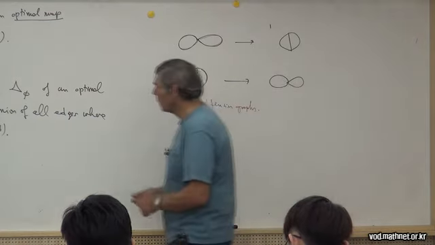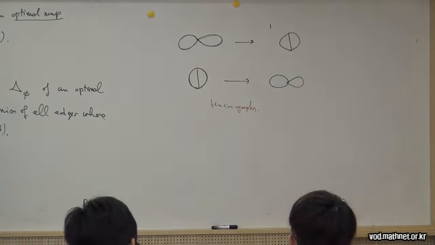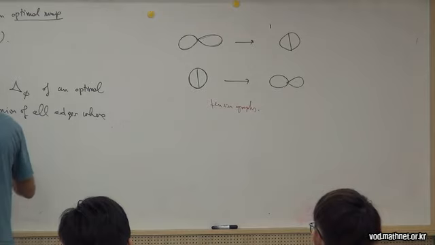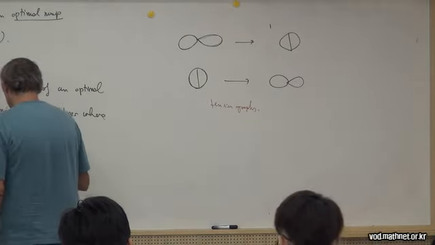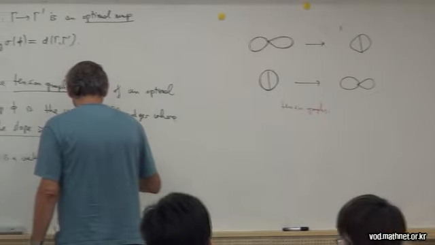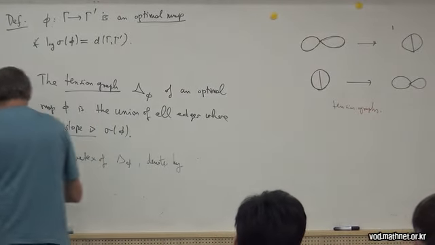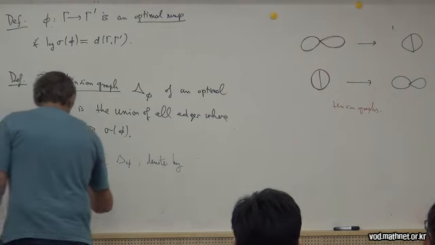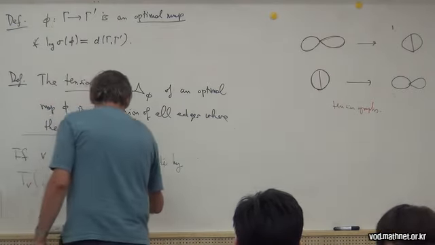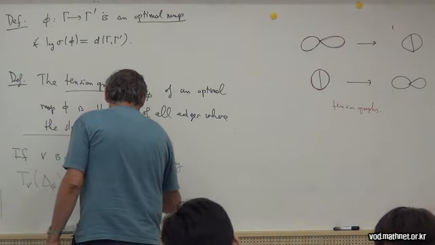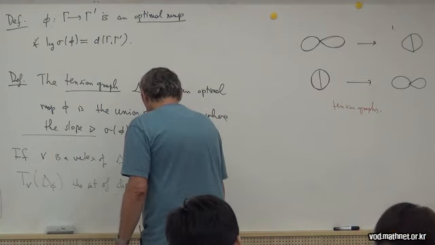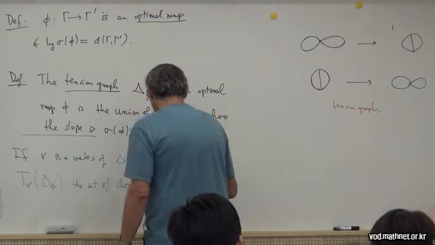If v is a vertex of the tension graph, delta phi, denote by Tv of delta phi the set of directions at v.